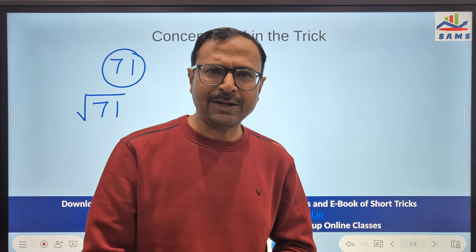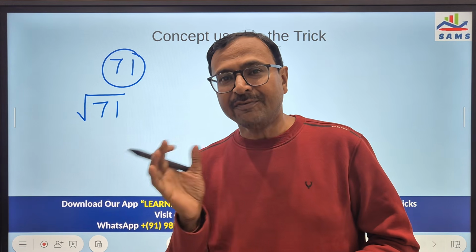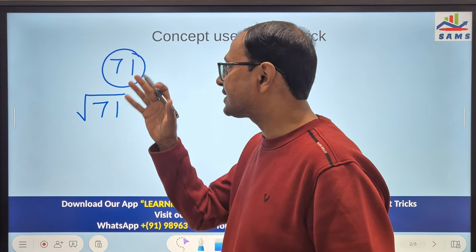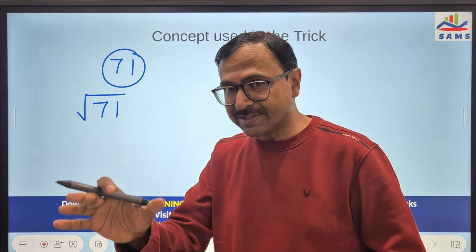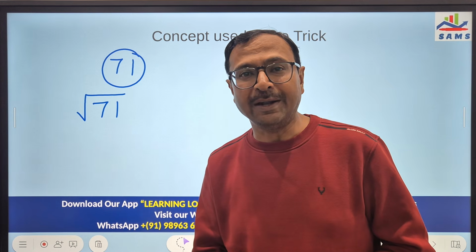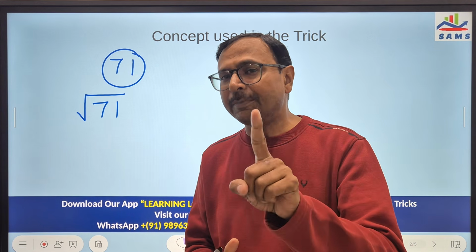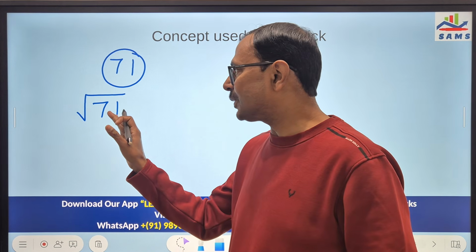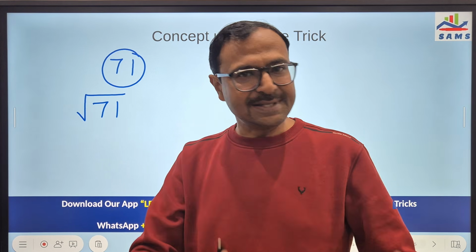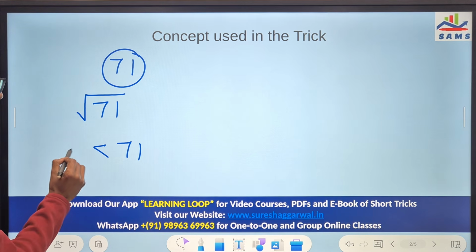So 3 square, 9, 4 square, 16, I am trying to approach 71. 5 square, 25, 6 square, 36, 7 square, 49, 8 square, 64. I can't move on to 9 now, because 9 square is above 71. So I want that number 8, because 8 square is less than 71. So the first thing is 71 is greater than 8 square.